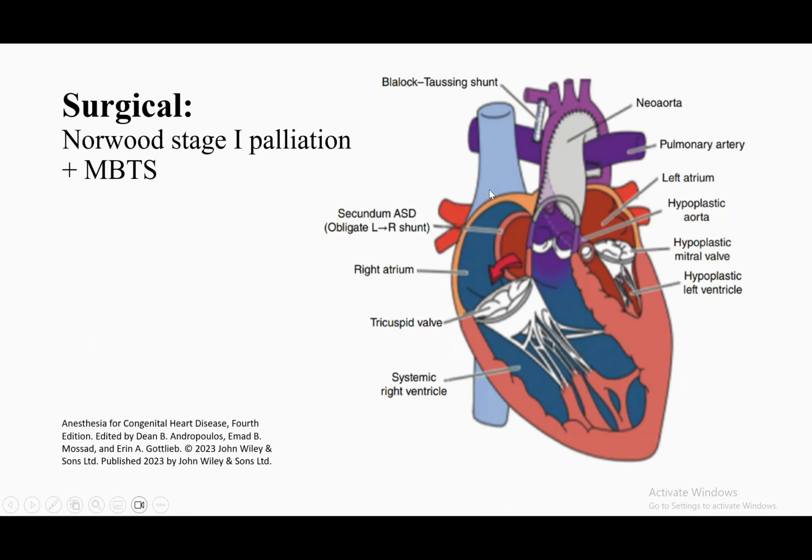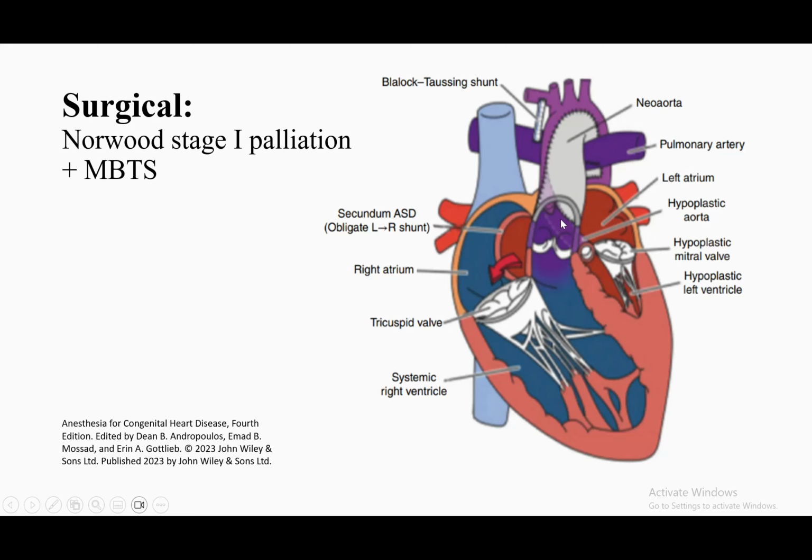This is the Norwood. So we benefit from the size of the main pulmonary artery to become the aortic valve. So the pulmonary valve becomes the new aorta, and we use it to augment the arch. And then the blood flow to the pulmonary artery is through an MBT shunt.